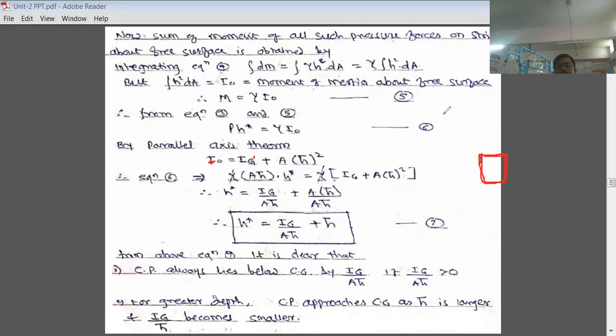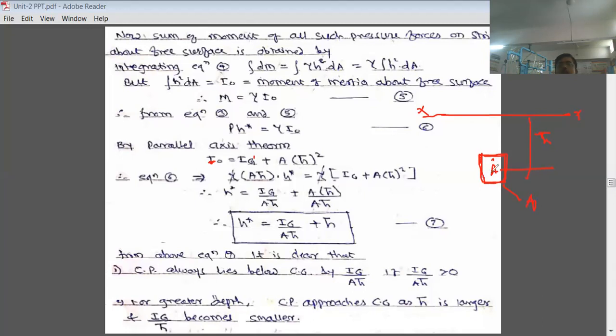And this is the axis about which I0 is the moment of inertia of this area. This distance is denoted by the letter h bar, right? This is the distance between these two, and capital A is the area of this, right?